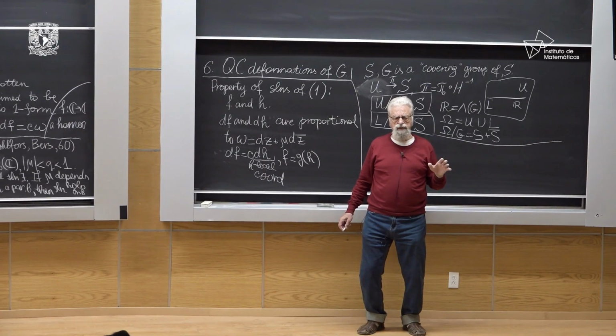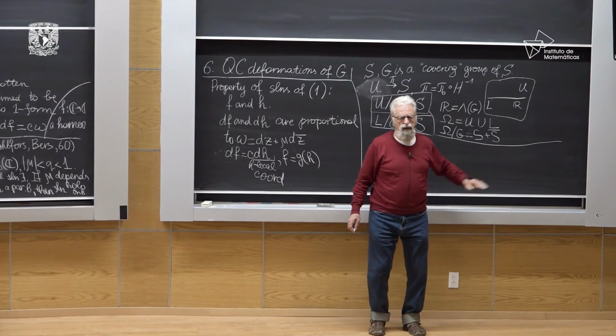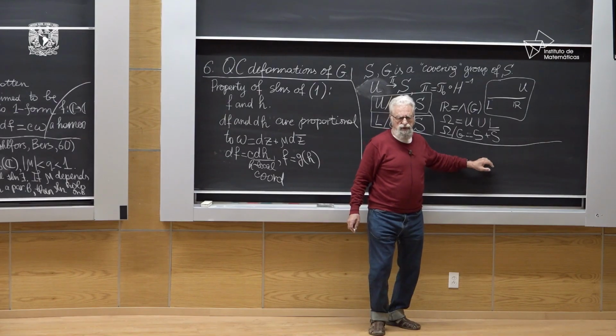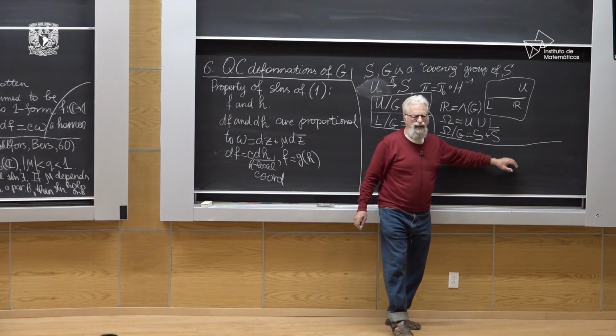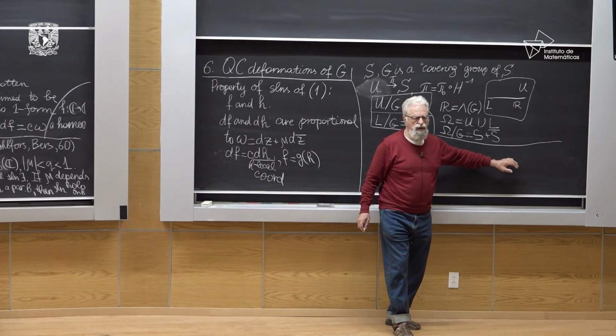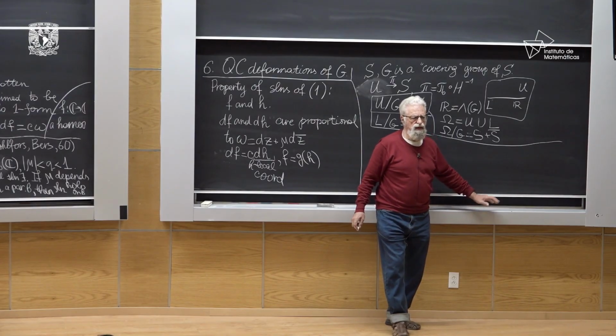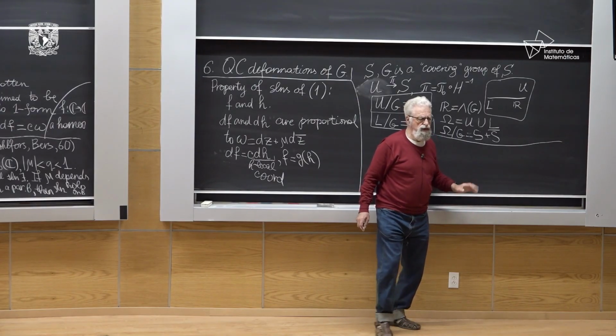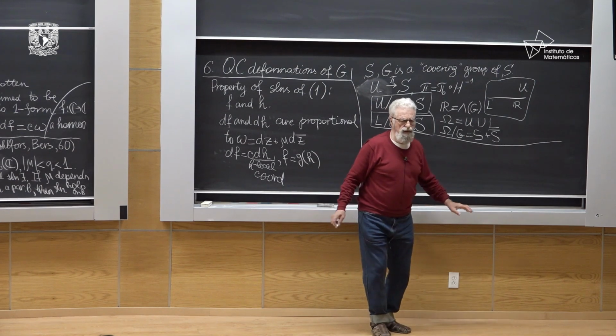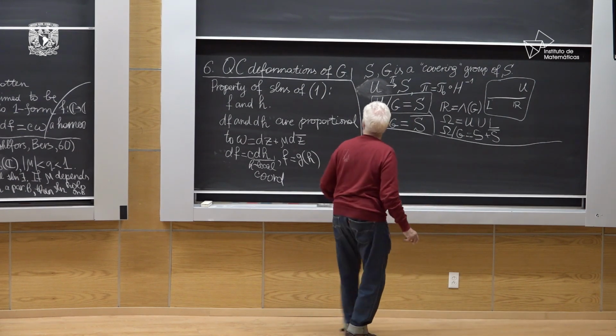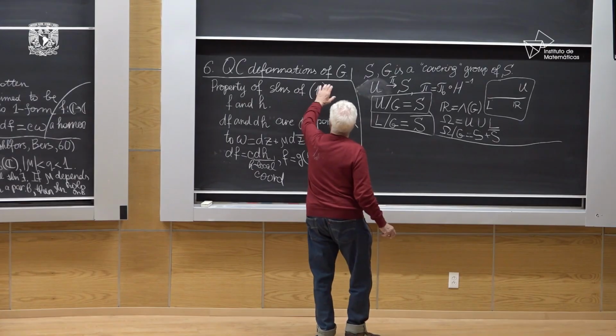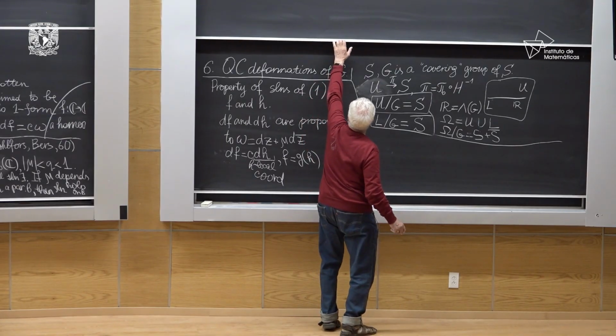And the factor space of this omega over the action of the new group G will be one given Riemann surface S and another homeomorphic Riemann surface S1. So this is what I am explaining now. This will be quasi-conformal deformation.